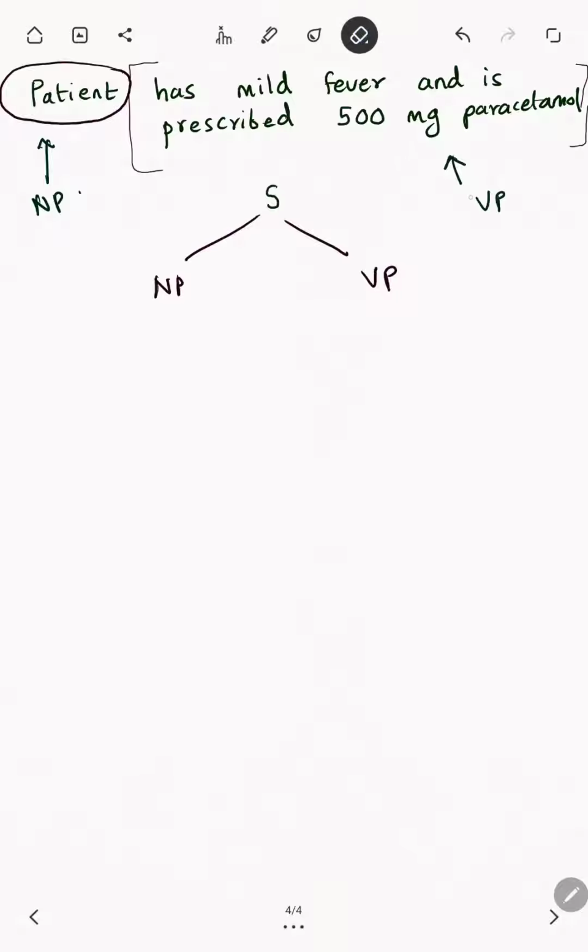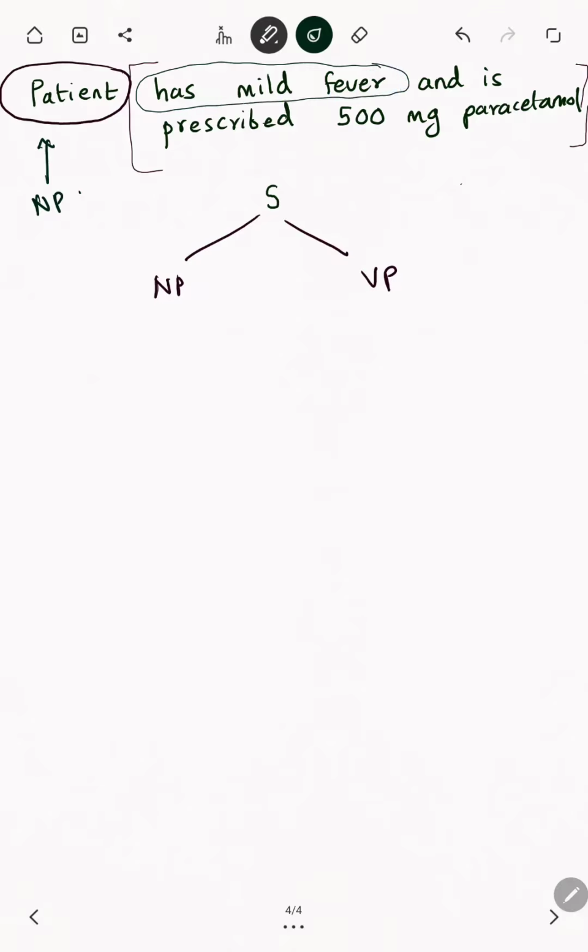So therefore what we can see over here is, instead of having a single verb phrase, the patient is the subject and two clauses have been associated with the patient. One clause is patient has mild fever, and the second clause is that the patient is prescribed 500 milligrams of paracetamol. So both of these clauses are coordinated clauses and they are associated with the patient.